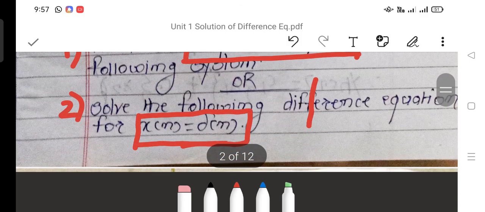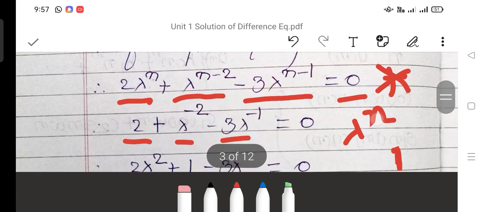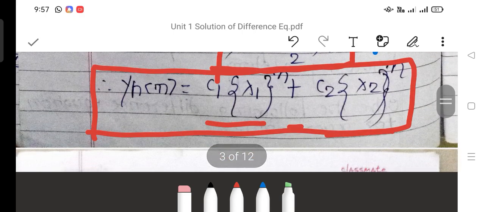Similarly we have done it here. So C1 lambda to the power n plus C2 lambda to the power n. This is our YH of n.